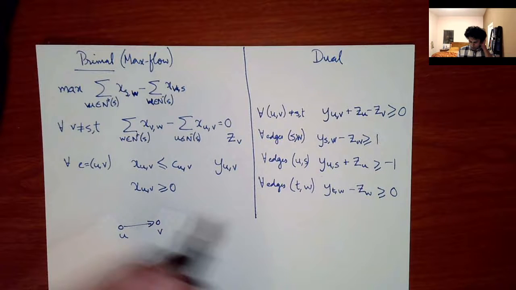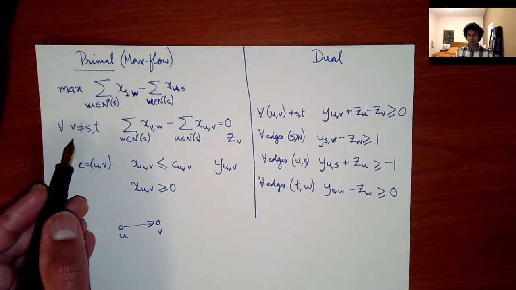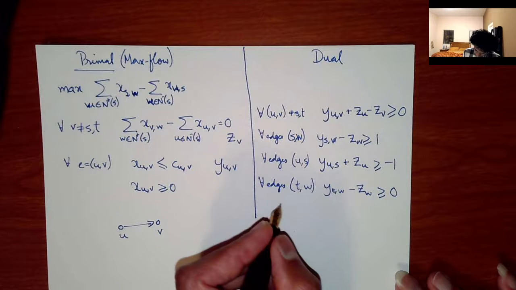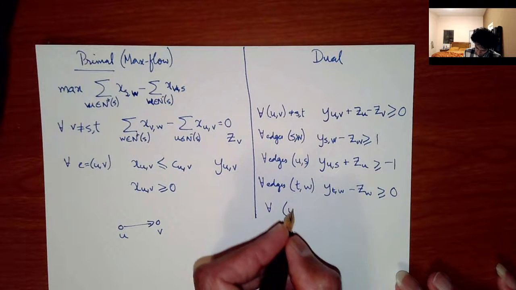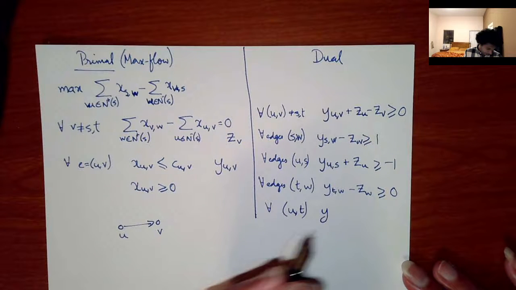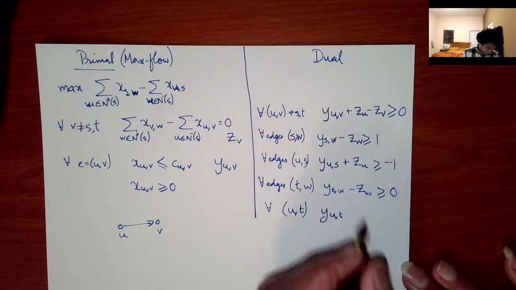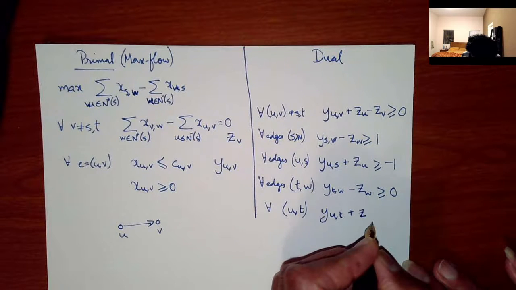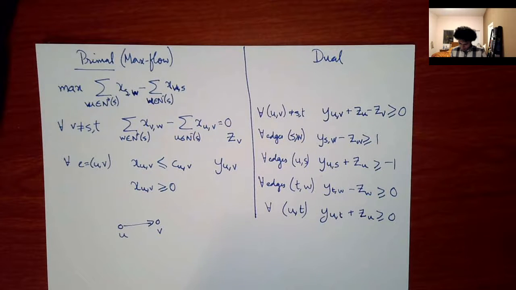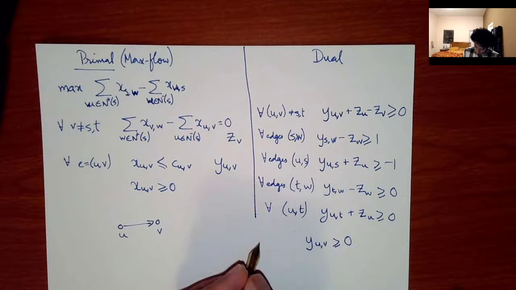You don't have any ZT because you don't have a flow conservation constraint for S or T. And then for all edges of the form UT, you'll get YUT plus ZU is greater than 0, okay? And you'll get YUVs are greater than 0.